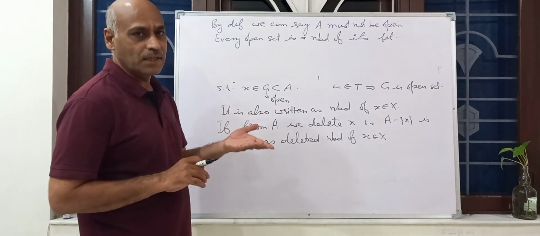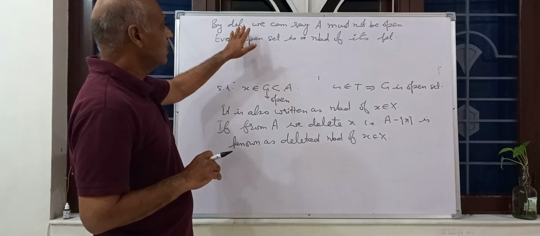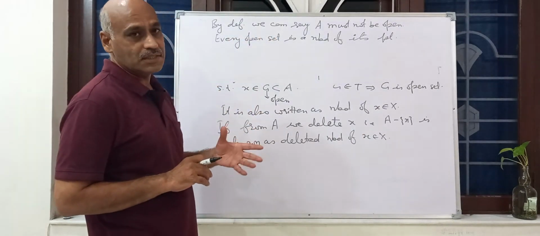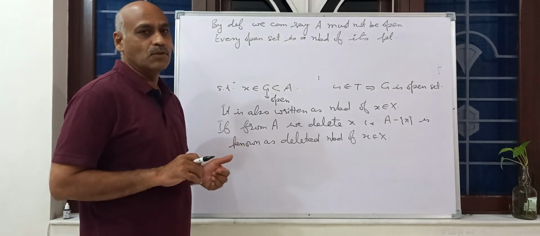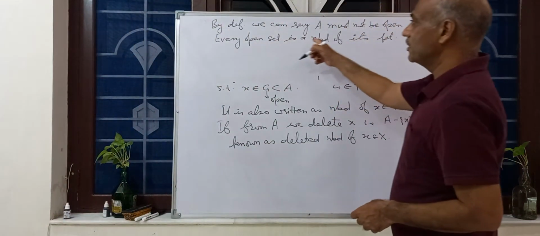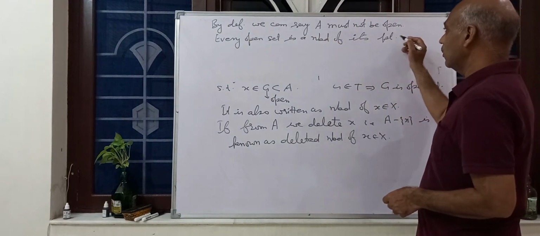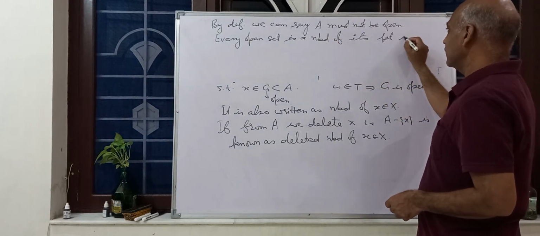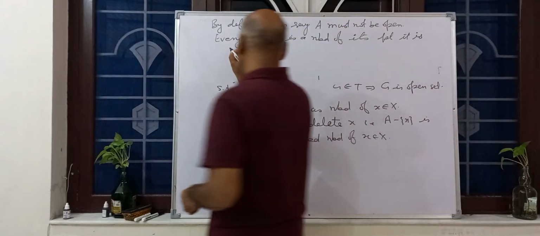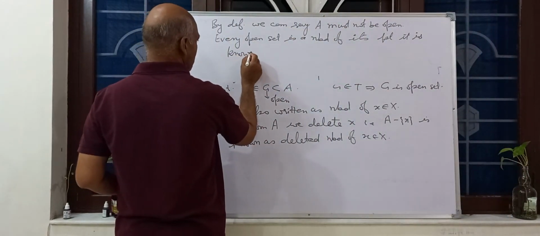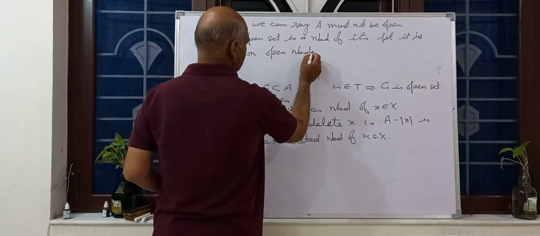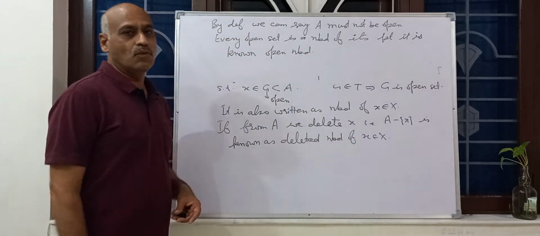It is called an open neighborhood. And a neighborhood need not be open; it may be open or closed. Every open set is a neighborhood of its points, and it is known as an open neighborhood.